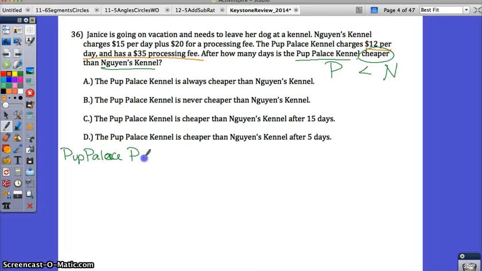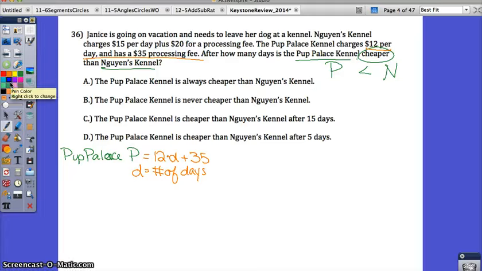So Pup Palace equals $12 for each day, so 12 times the number of days, plus a $35 processing fee. That $35 is standalone. It only happens once. D stands for the number of days. Defining your variable will help you. So Pup Palace is $12 per day plus $35 total for a processing fee.